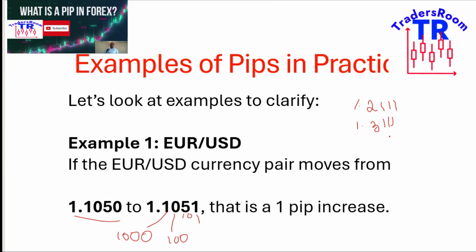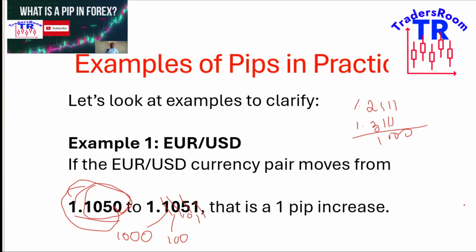It rises by 1000. Though it is not common for pips to rise in thousands, I'm just telling you so that you know that when these numbers begin to rise after the decimal, it simply shows where the number is going, because this is in 1, this is in 10, this is in 100, and this is in 1000. It depends on how it increased.